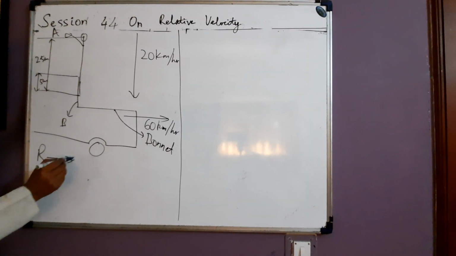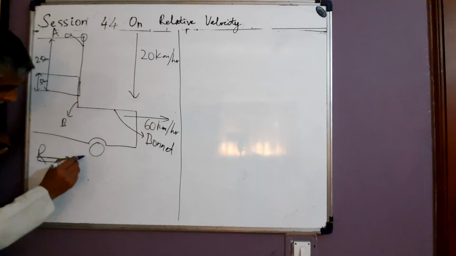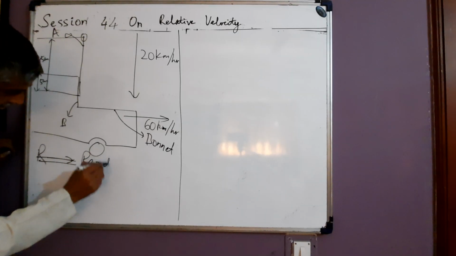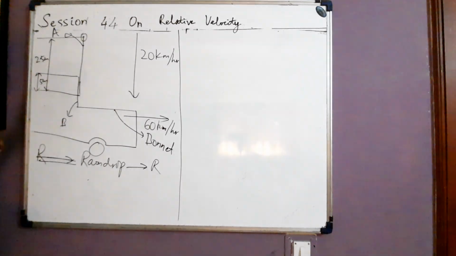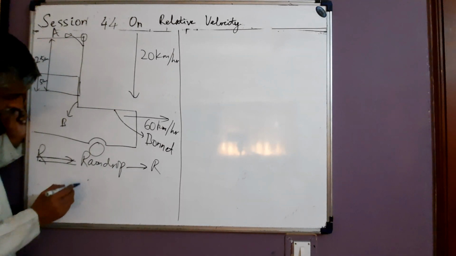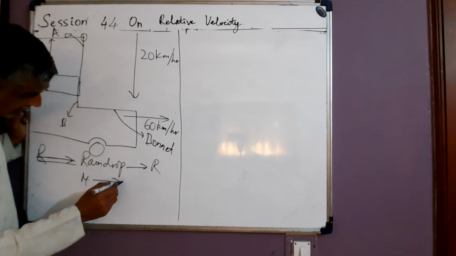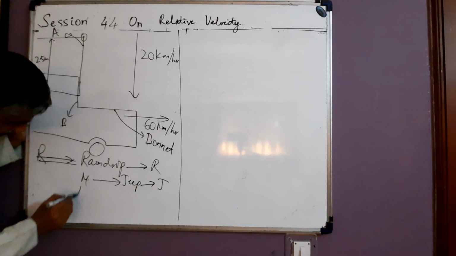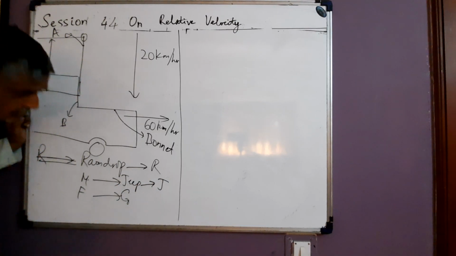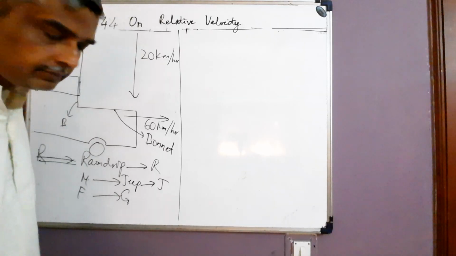Object under consideration is the raindrop, denoted by R. For the intermediate frame M, we have the Jeep, denoted by J, and for frame F, we have ground, denoted by G.